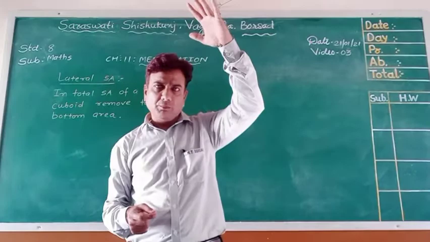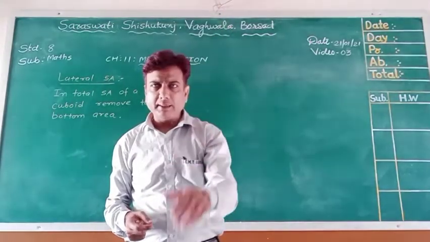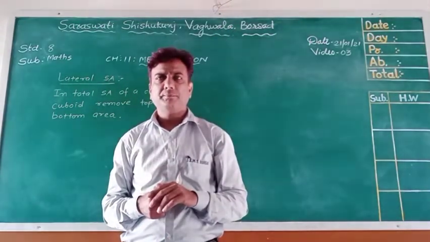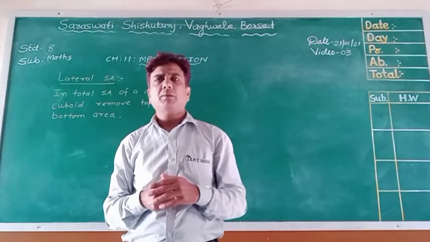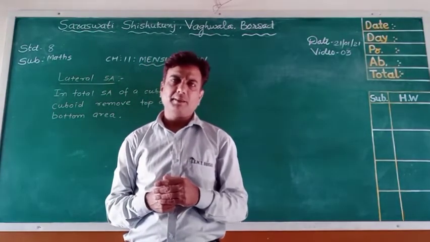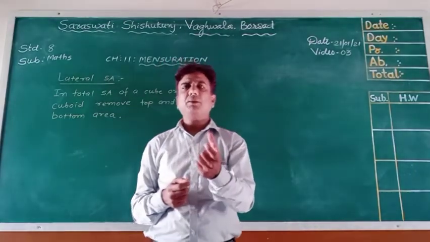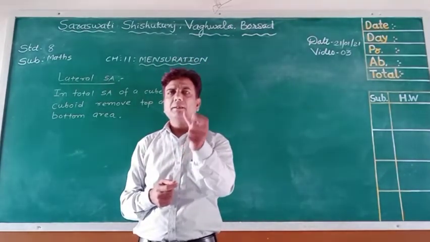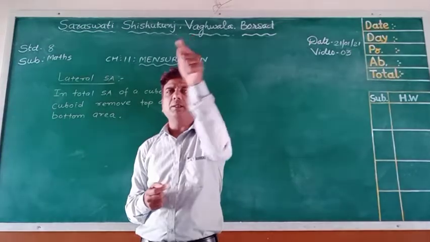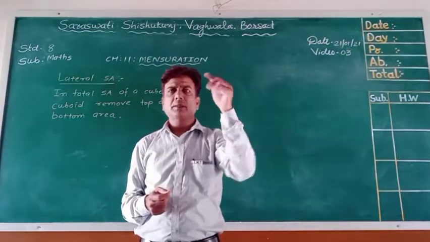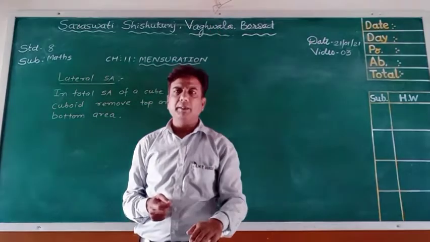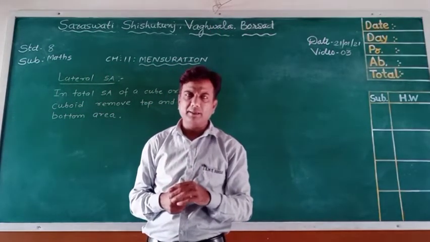We have to remove the ceiling and the bottom, and we get the lateral surface area. So simple, students, only 4 walls, 1, 2, 3 and 4. Remove top area and bottom area, then we get the lateral surface area.